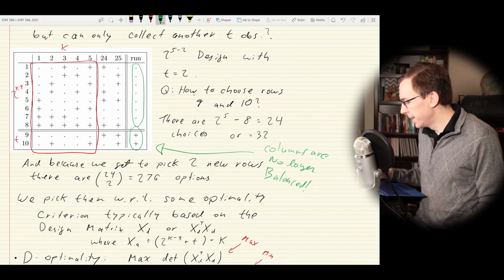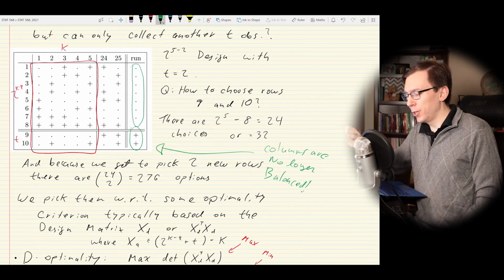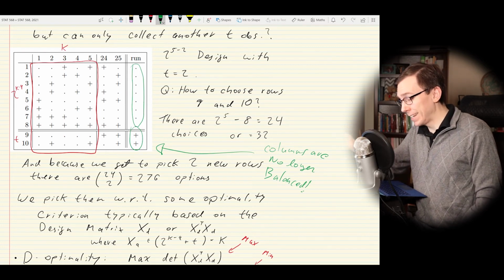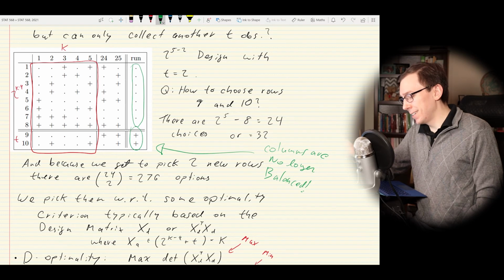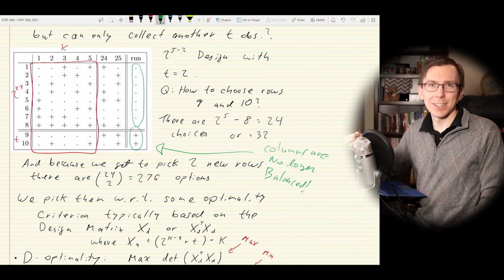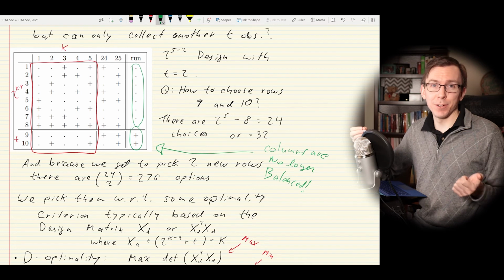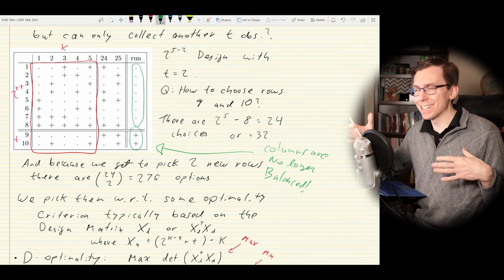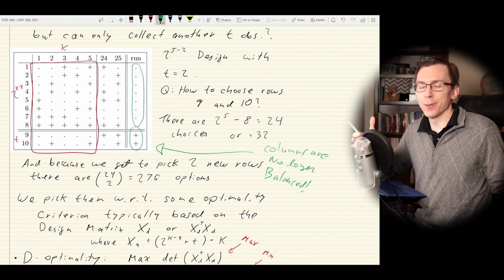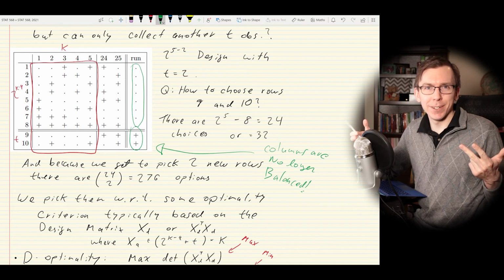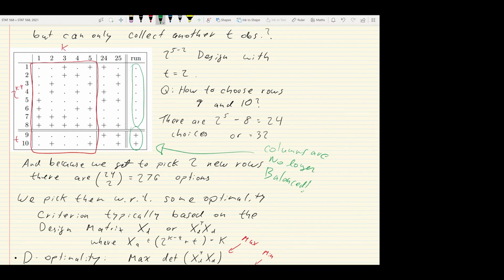Because we couldn't do an entire follow-up fold-over design, we no longer have balanced columns. That means there are going to be some correlations when we go back and analyze our data in an ANOVA table. That means we have to consider things like type 2 and type 3 ANOVA, whereas before this, we could just ignore type 1, type 2, and type 3 because everything was balanced. When things aren't balanced, we have to consider that.